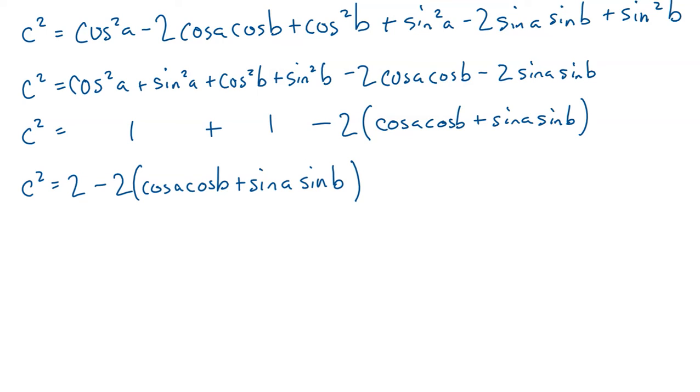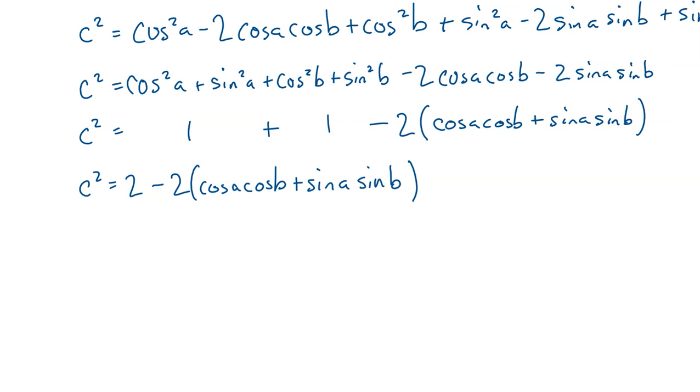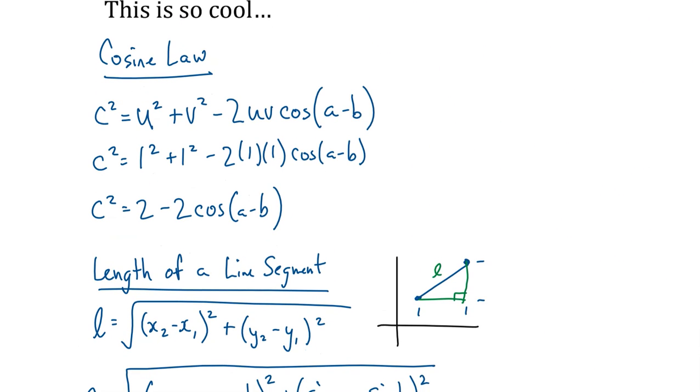Now what do we do? Go ahead. Now do we bring the 2 minus 2 cos A minus B and put it in for c squared? So this equals c squared. And that equals c squared. Folks, that's the same c squared, right? From that triangle, the length of that line. Same c squared.